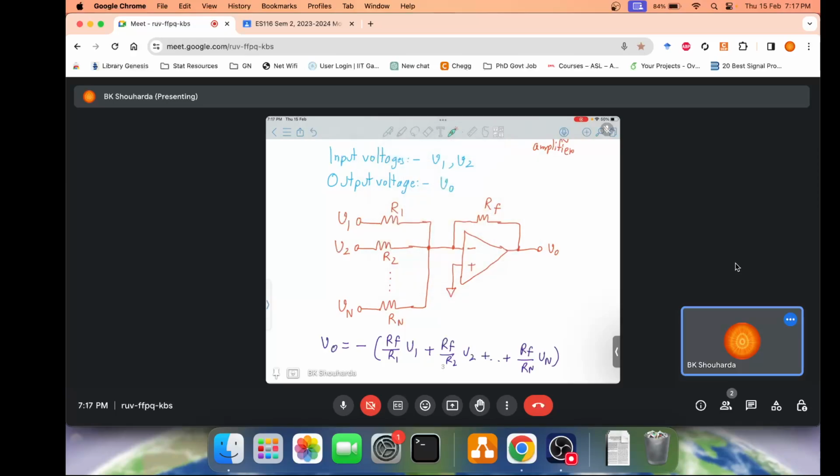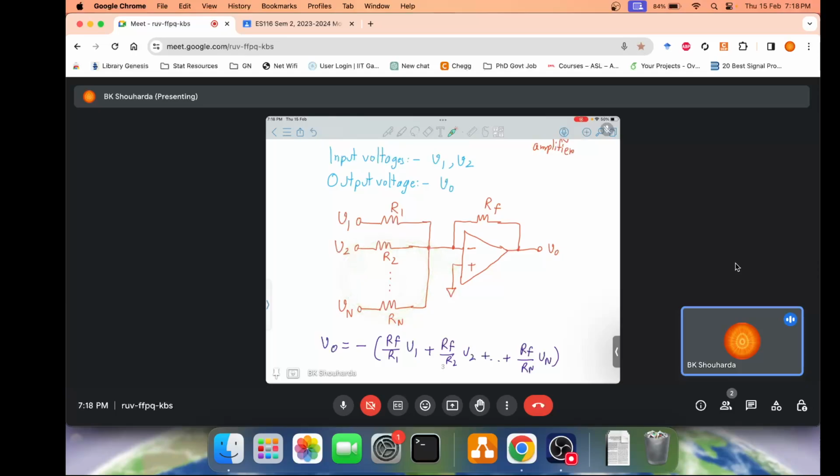Well, let's consider the effect of the source V1 only. In order to do that, let's put V2, V3, everything till Vn as ground. If we do that, then by the concept of virtual short, this is also ground. So in other words, this entire circuit from R2 to Rn turns out to be useless.